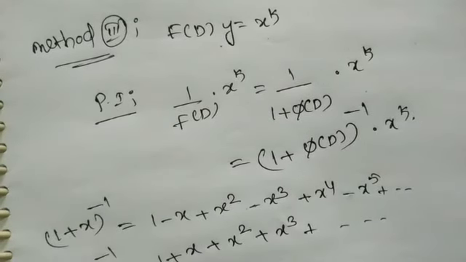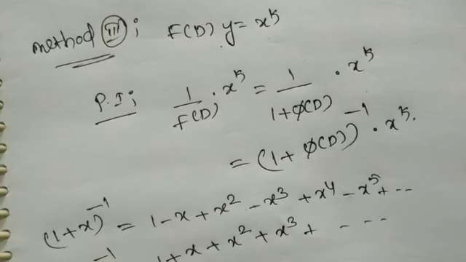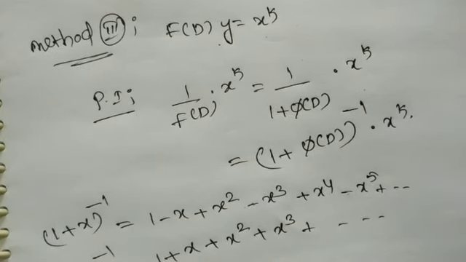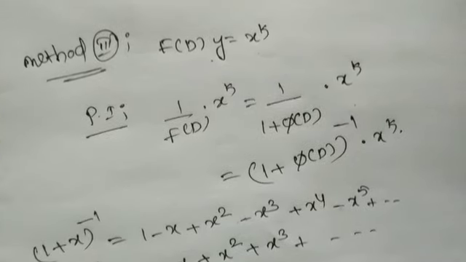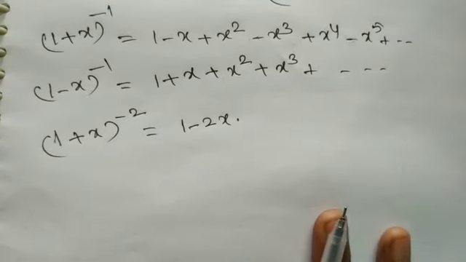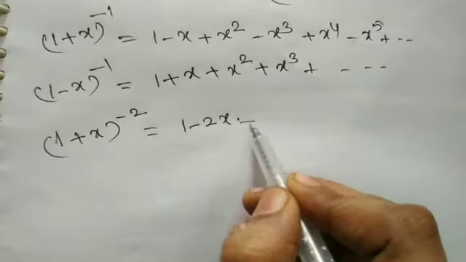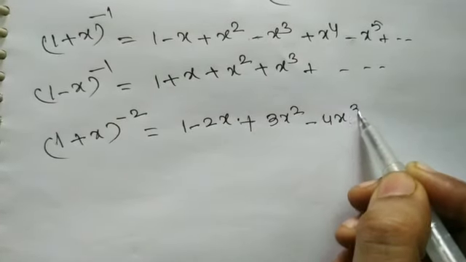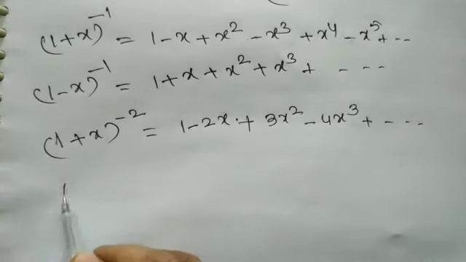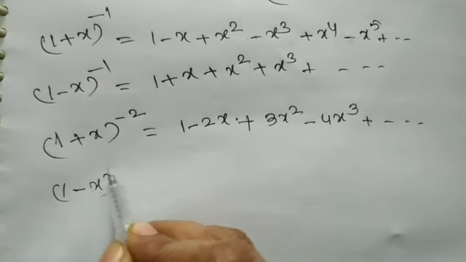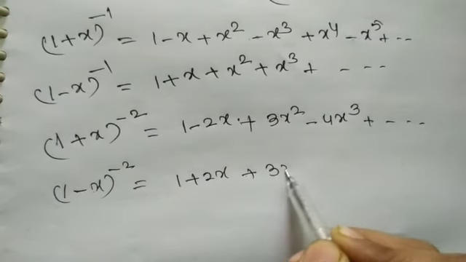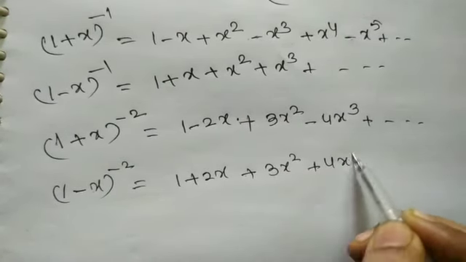Next, (1 + x)^(-2) = 1 - 2x + 3x^2 - 4x^3 and so on. Next, (1 - x)^(-2) = 1 + 2x + 3x^2 + 4x^3 and so on.